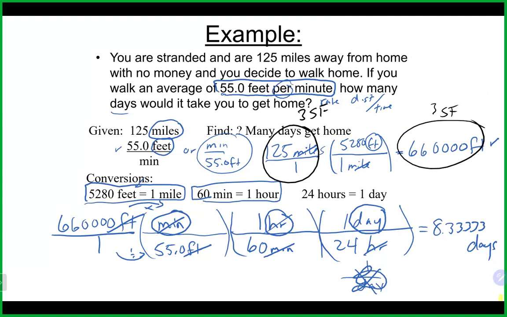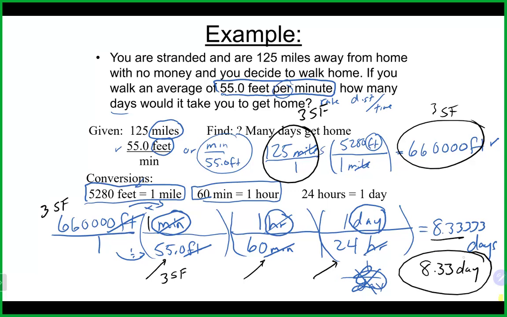This guy is actually 3 significant figures because I do need to look at it because it came from the problem. This guy is technically 1, which is the number I don't really need to look at. And this is an exact, which means actually we should probably end up over here at 8.33 days, 3 significant figures. Any questions on that there?